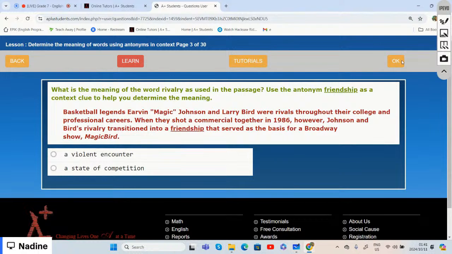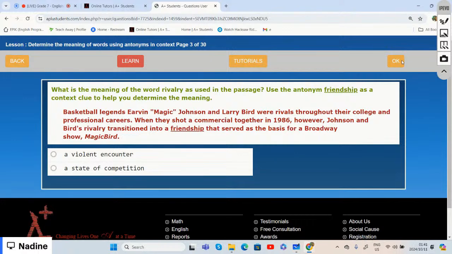What is the meaning of the word rivalry, as used in the passage? We need to use the antonym friendship as a context clue to help us determine the meaning.